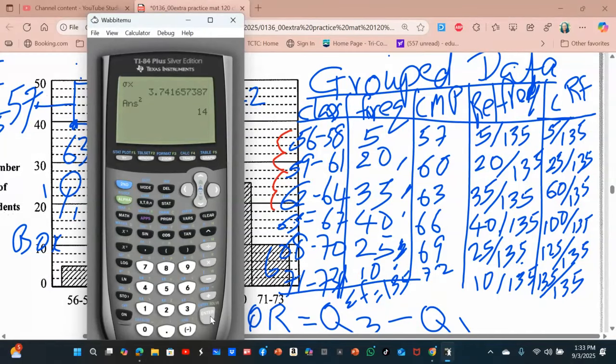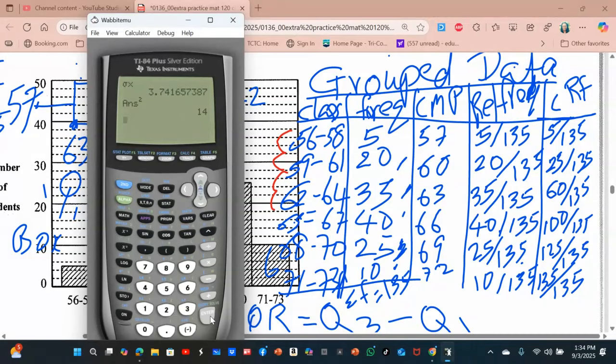The variance is 14. The standard deviation is 3.742. If you are told to find the standard deviation, you will be told maybe the number of decimal points. So 3 decimal points, I have 3.742. Okay, now I have the standard deviation and variance of this data.